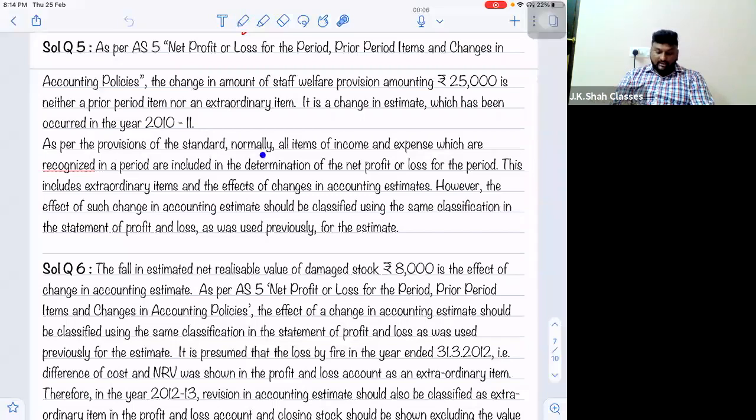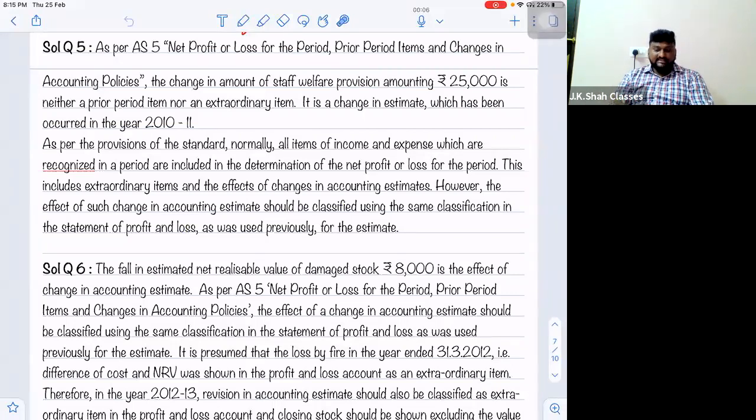This includes extraordinary items and the effect of changes in accounting estimates. However, the effect of such a change in an accounting estimate should be classified using the same classification in the statement of profit or loss as was used previously for the estimate.